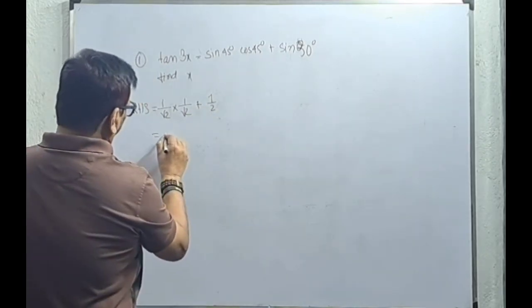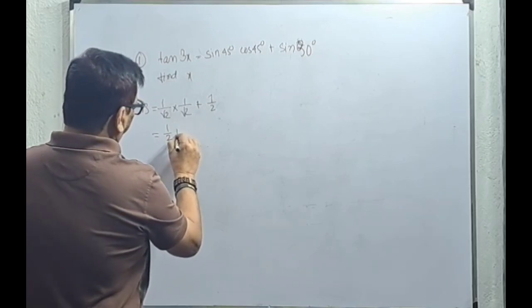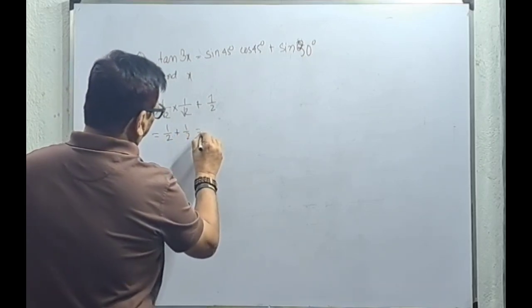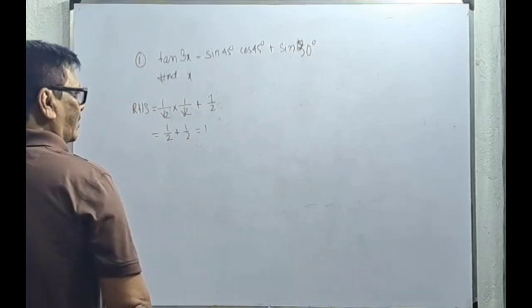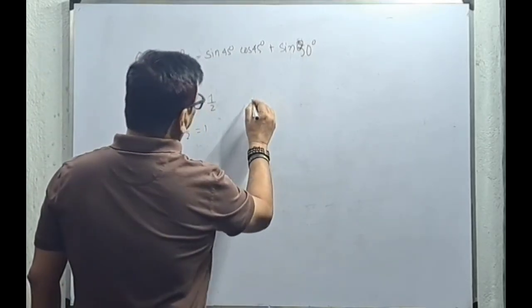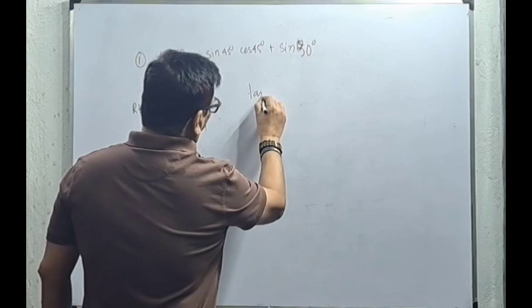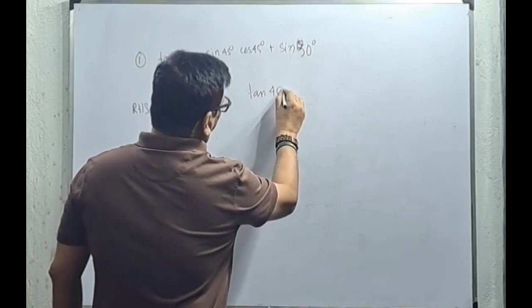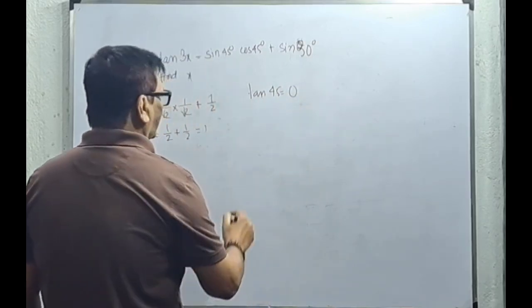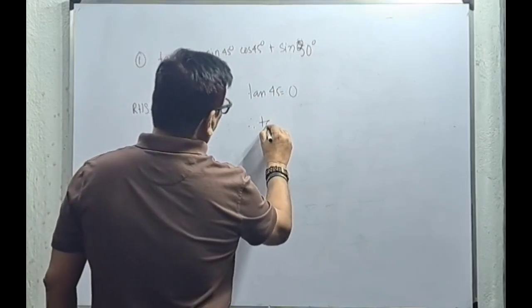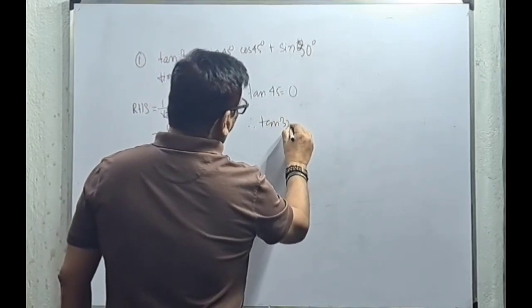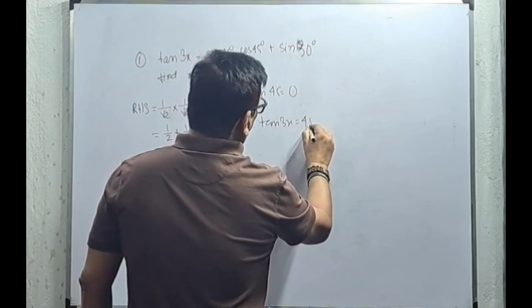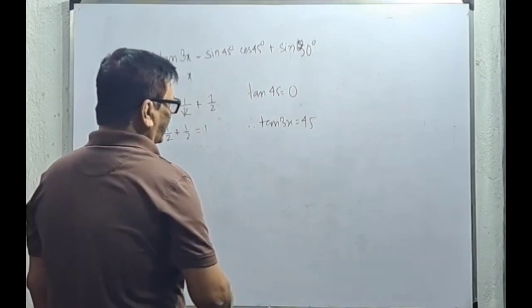So there you get 1 by 2 plus 1 by 2 is equal to 1, correct? So therefore now we know tan 45 degree is equal to 1. Therefore tan 3x is equal to tan 45 degree, comparing both sides.